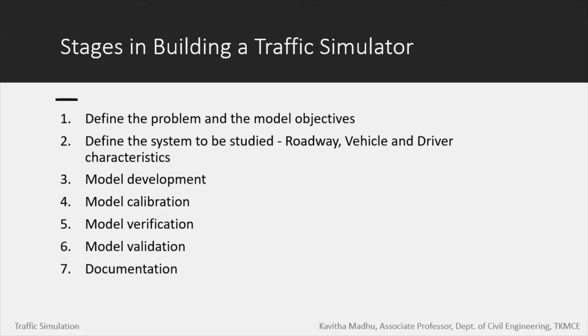So we have to define the system and get the details of the characteristics of the various elements of traffic. For that we need to go and collect the data. Say if we are going to model a particular road stretch, the roadway geometry, the vehicle composition, the volume of traffic and the speed with which vehicles are running on the road, all these details we need to collect from the field.